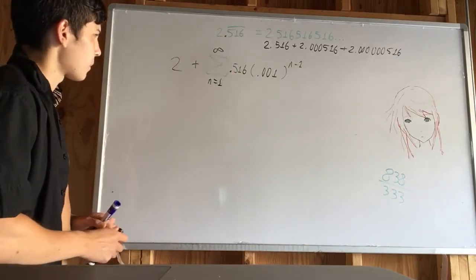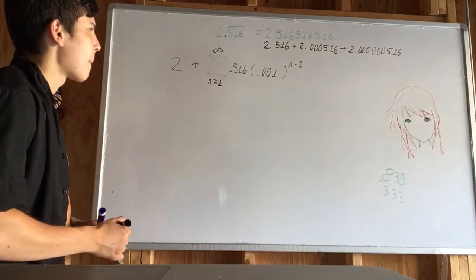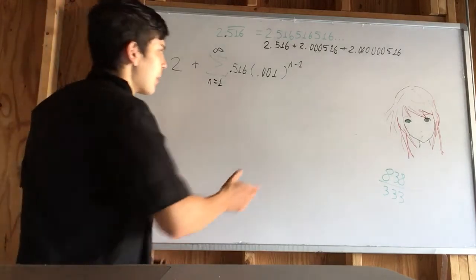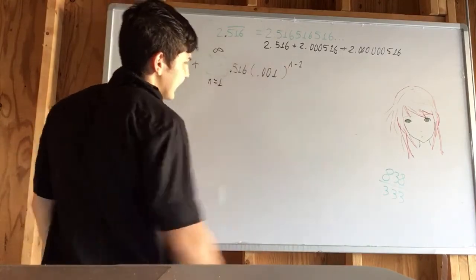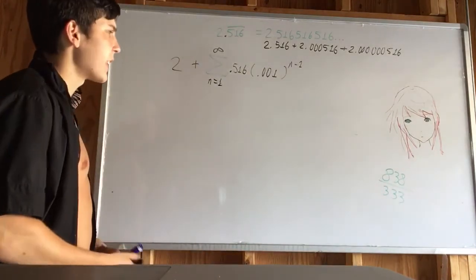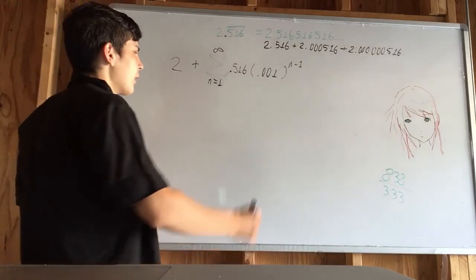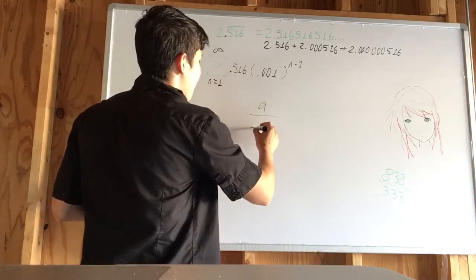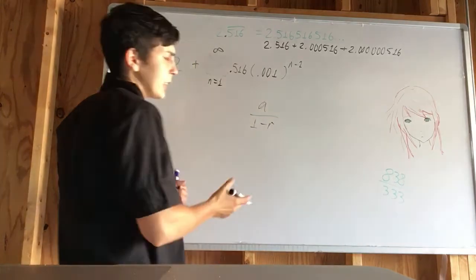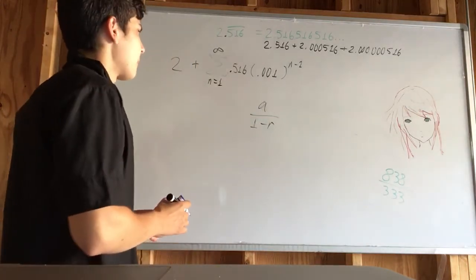So now we have this thing. It's obviously going to converge because we have a geometric series, and this is r, and r is less than 1. So what does it converge to? It converges to a over 1 minus r. That's just the formula that we have.